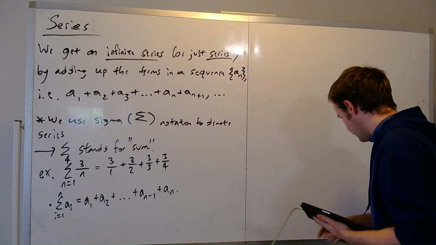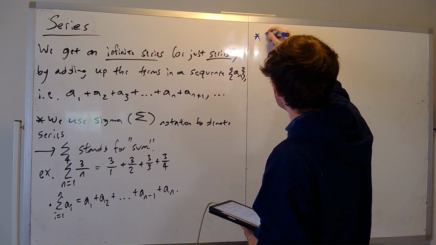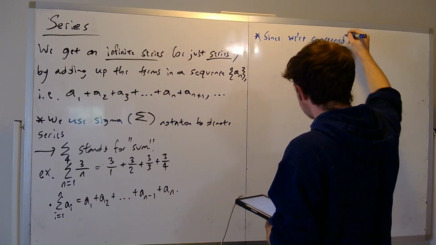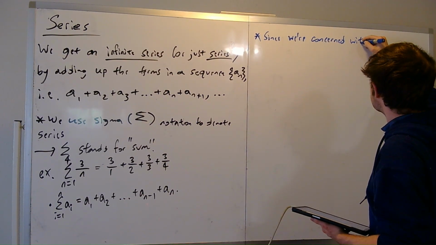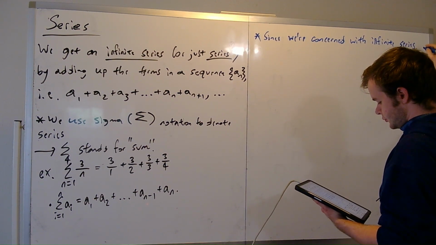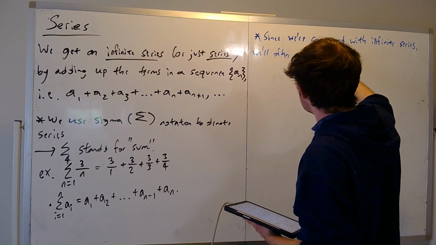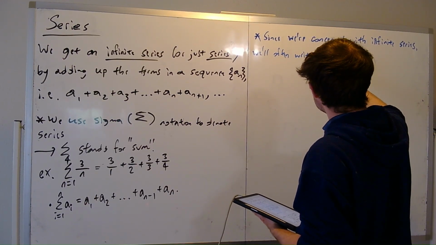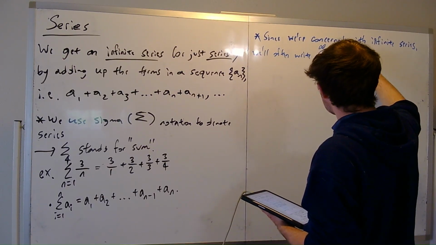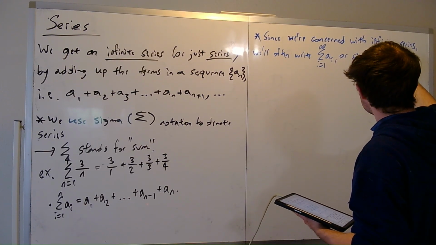Okay, so let me use a different color here. Since we are concerned with infinite series, we'll often write the sum from i equals 1 to infinity of a_i, or simply the sum of a_i, right?